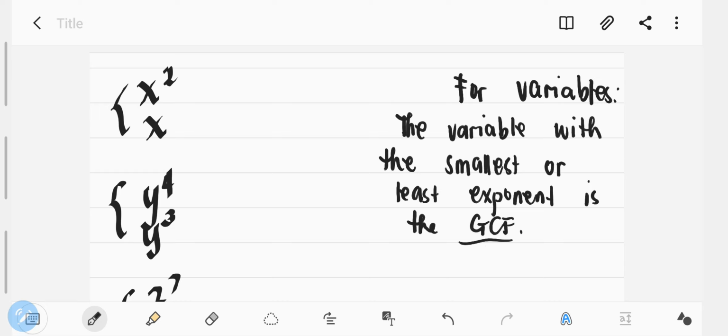Tandaan na. So, kung alin yung variable na may mas konting exponent, siya ang GCF.